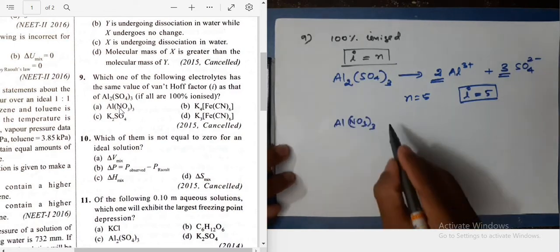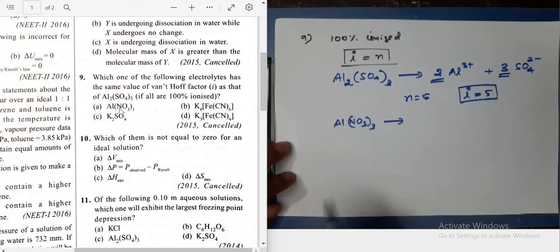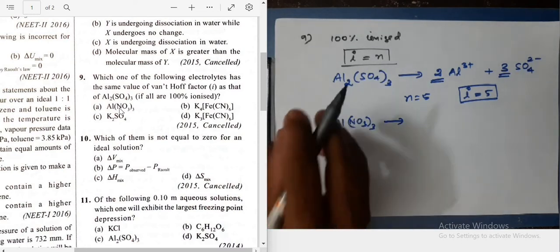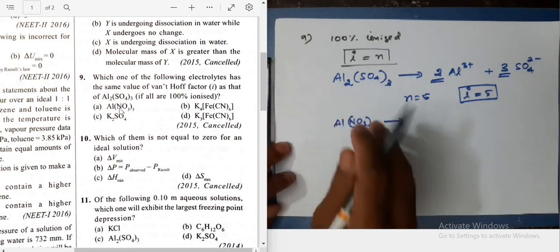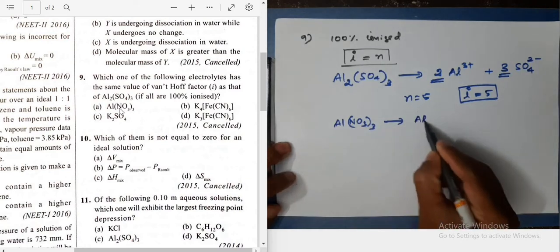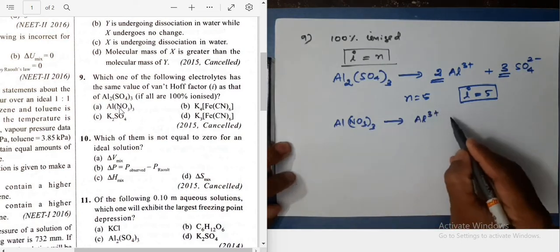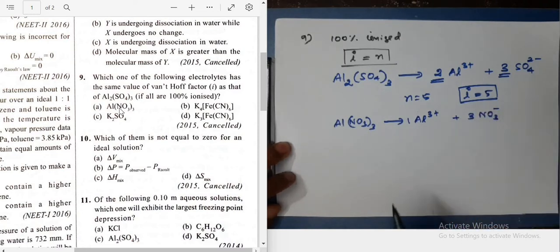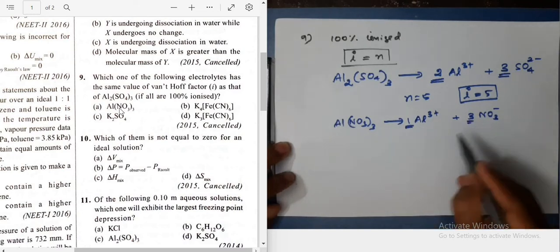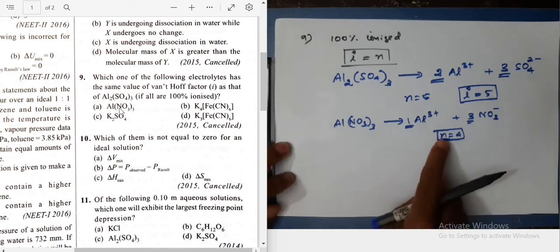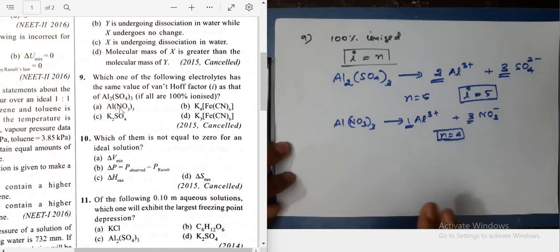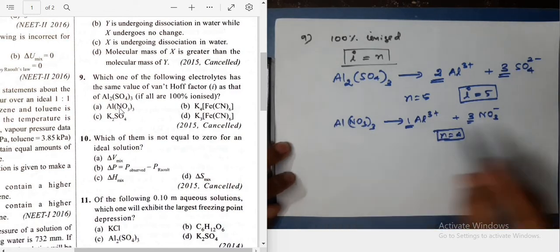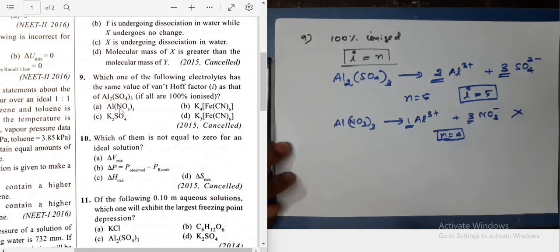If aluminium nitrate dissociates, I'll get 1 aluminium ion and 3 nitrate ions. So here 1, here 3, so total number of ions is only 4. Vantha factor is 4, not 5. So option A is not the correct option.